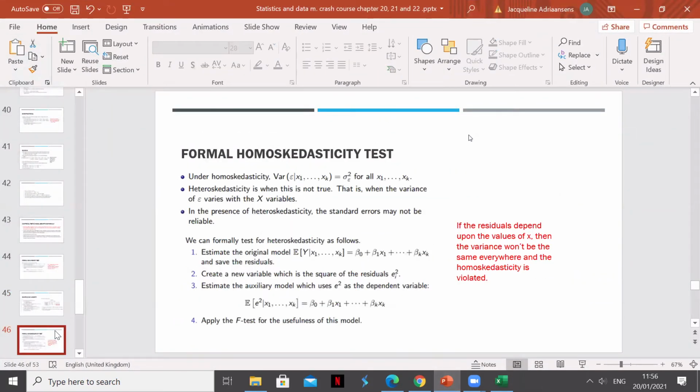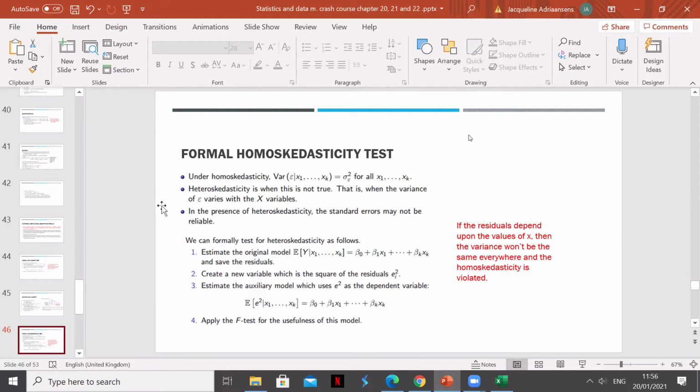Then we're going to test the second one, homoscedasticity. Remember, homoscedasticity meant that there is a constant variance of your error terms. So your error terms, the variance is always this, so it's constant. And heteroscedasticity is when homoscedasticity is not true.